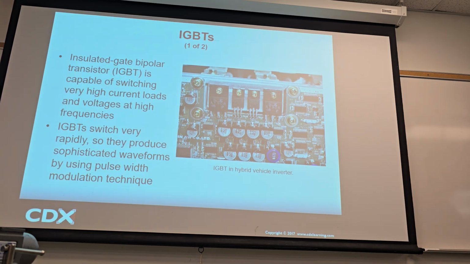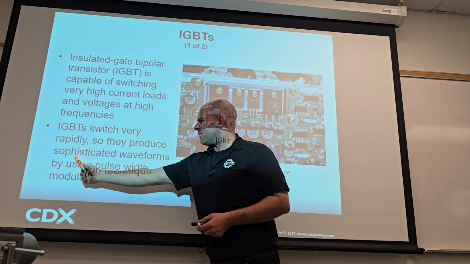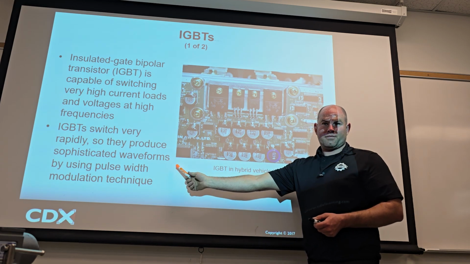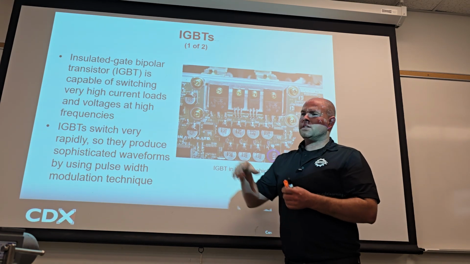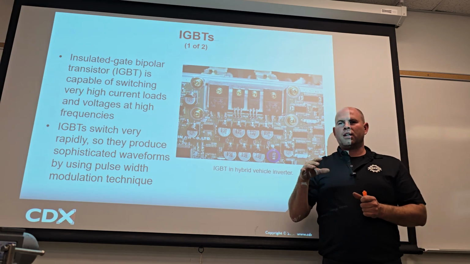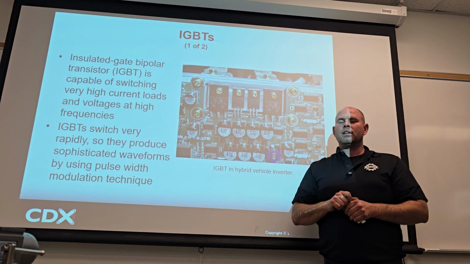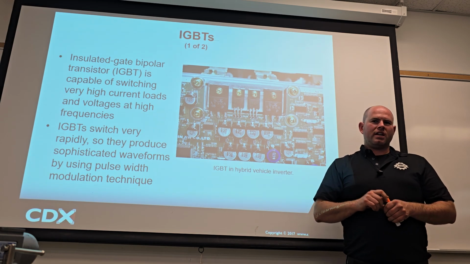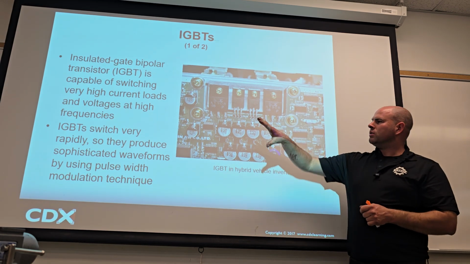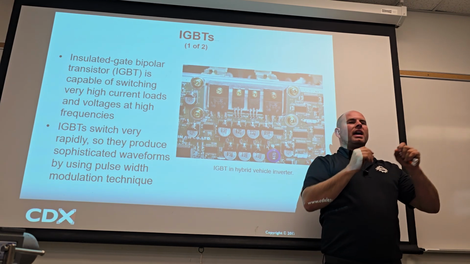Cool. But again, these IGBTs can switch very rapidly, so they can produce sophisticated waveforms. If you want to take DC power from your battery, and remember, on a lot of hybrids, especially the fast ones and the EVs, those are AC motors, you need electronics that take your DC from your battery and make it into AC.